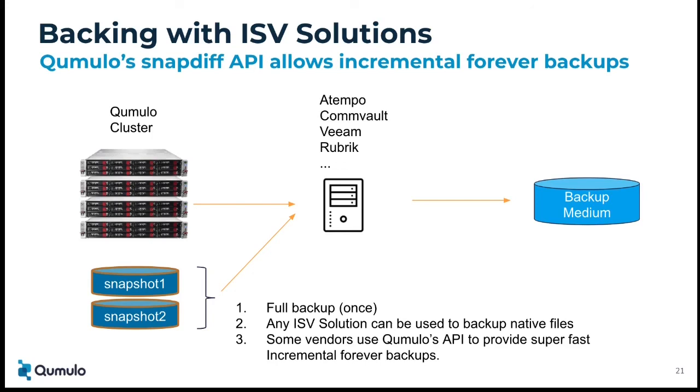And then the software can go ahead without any tree walk and just back up the data that has changed right away. And this is very fast, because most of the time is consumed by the tree walk to figure out whether some specific data has been changed or not since the last backup. And this can be skipped with Qumulo.